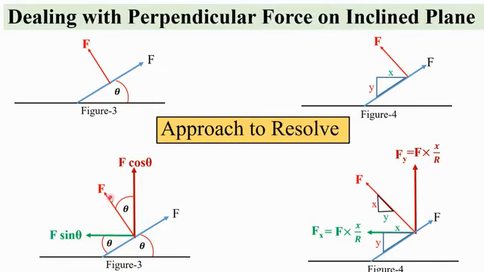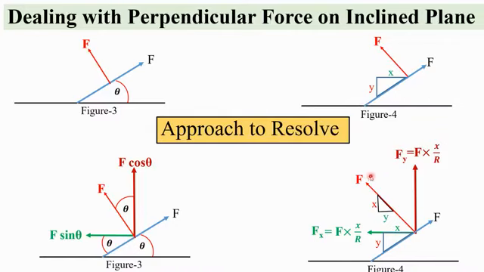So if this is a common angle, this theta will also be here. So if it is F, it is F cos theta and it will be F sin theta. Here, once you draw a perpendicular line, the slope becomes opposite, that is, y becomes x and x becomes y. So you can very well find out what the forces will be.